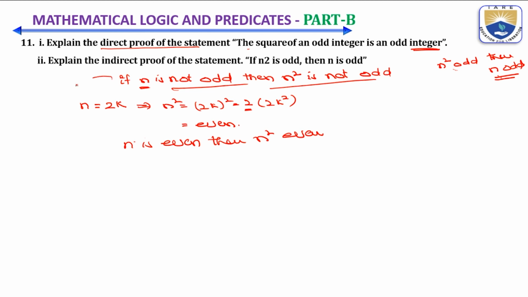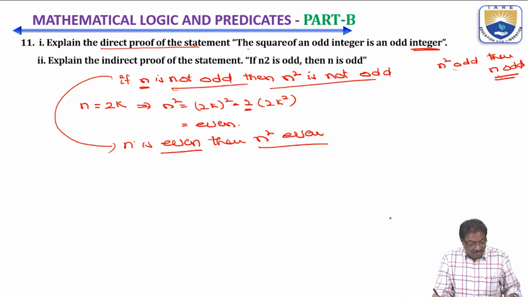So the contrapositive we are going to take like this: n is not odd, means it is even; then n square is not odd, means n square is even.